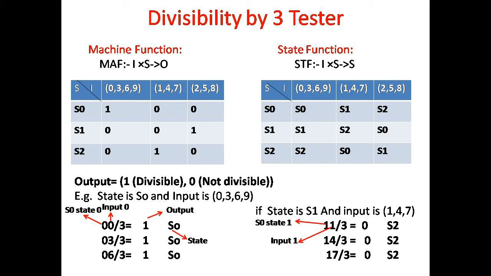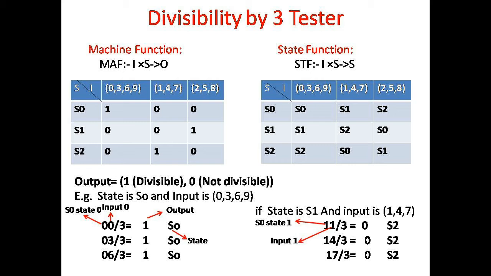Next step is we have to design the machine function table and state function table. The machine function table is I into S, and it produces the output O, and the state function table is I into S, and it produces the state. For the divisibility by 3 tester, the input 0, 3, 6, 9 is the 0 remainder input.